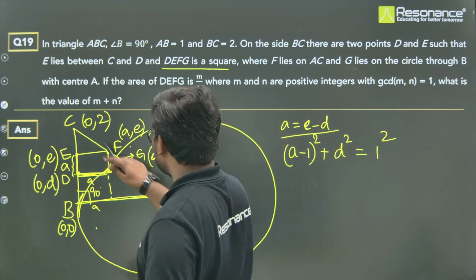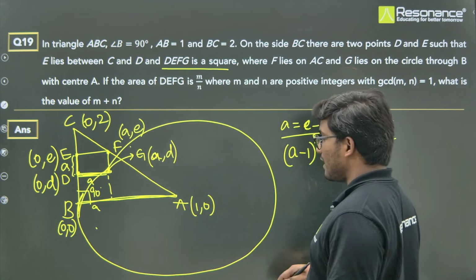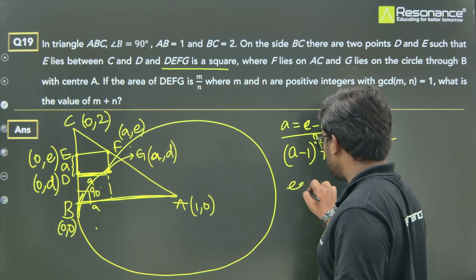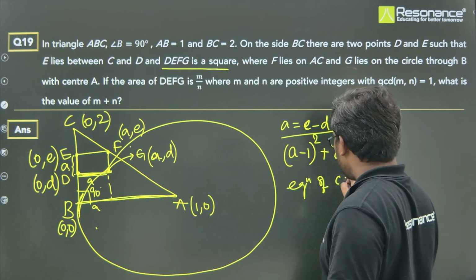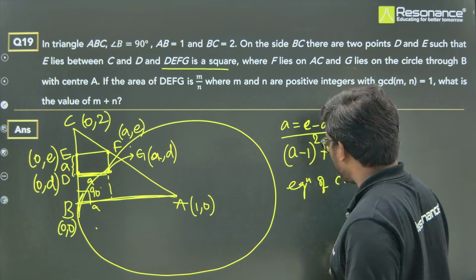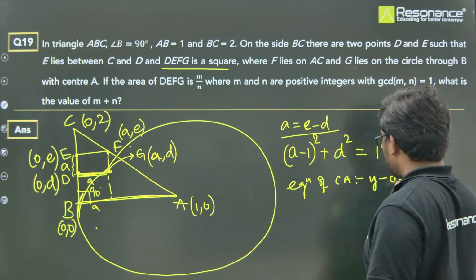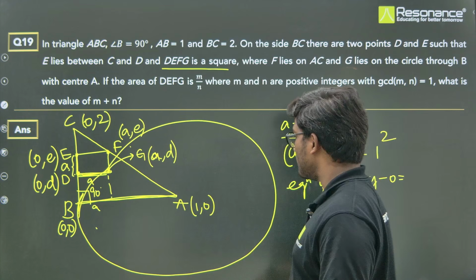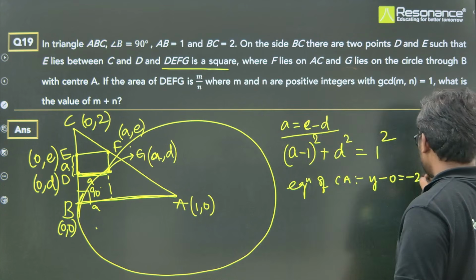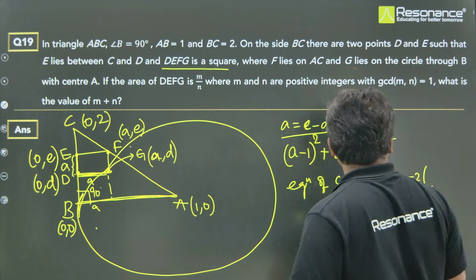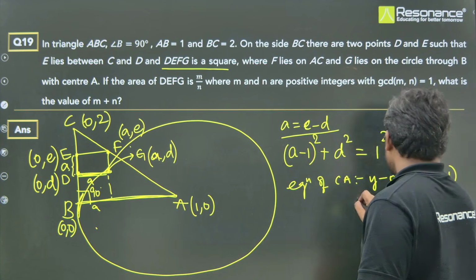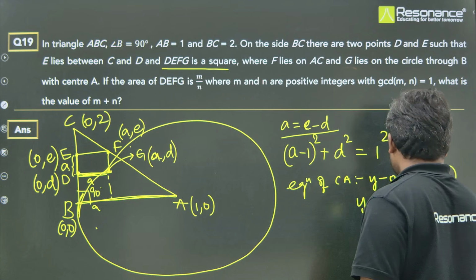Apart from this, we have a is E minus D. Also, F lies on the line CA. What is the equation of CA? Y minus 0 is slope, which is (0 minus 2) by (1 minus 0), so minus 2, into (x minus 1). So y is 2 minus 2x.